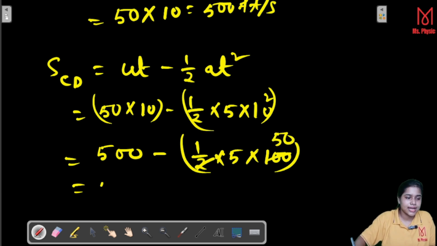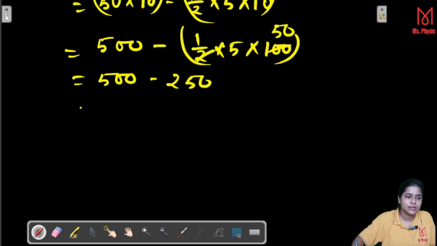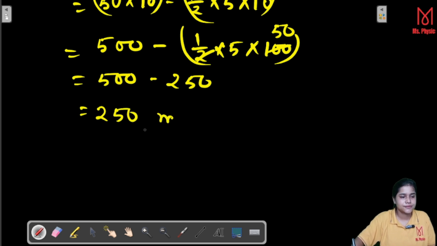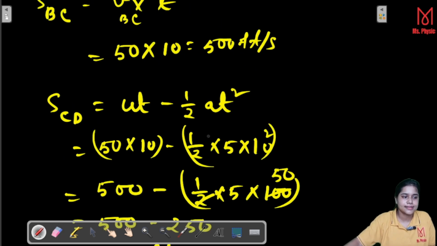That means you are getting 500 minus 250, so the value would be 250 feet. This is the value of SCD.